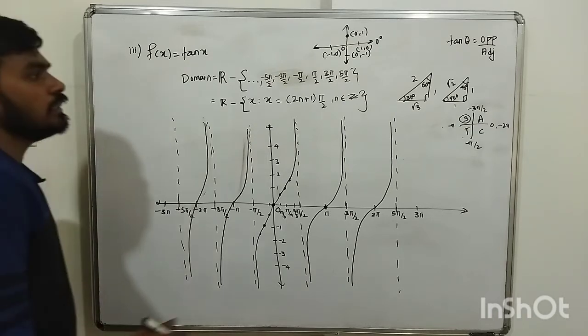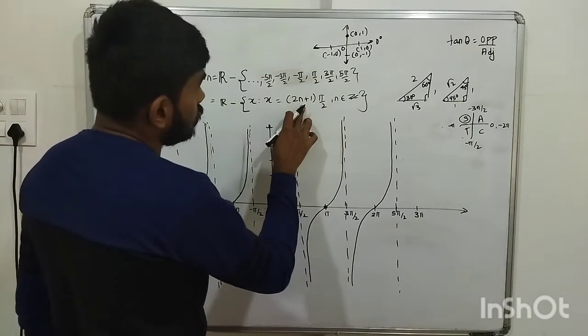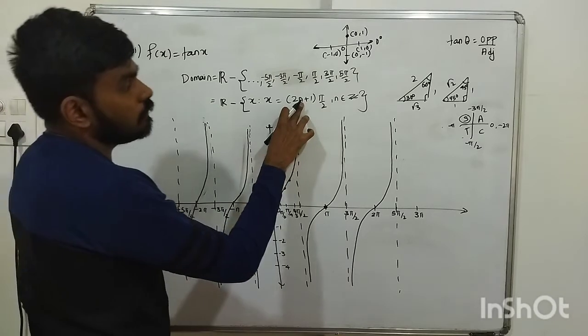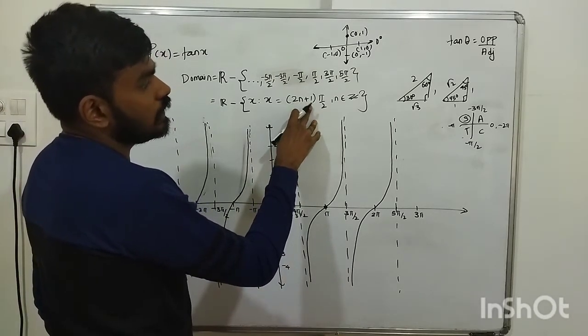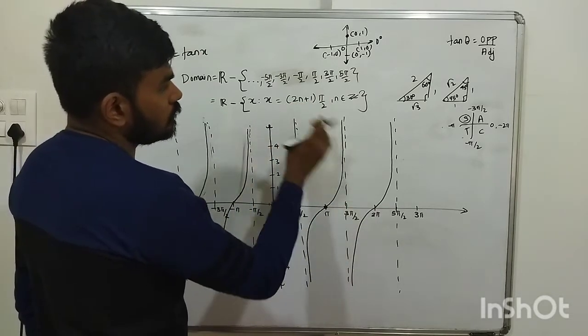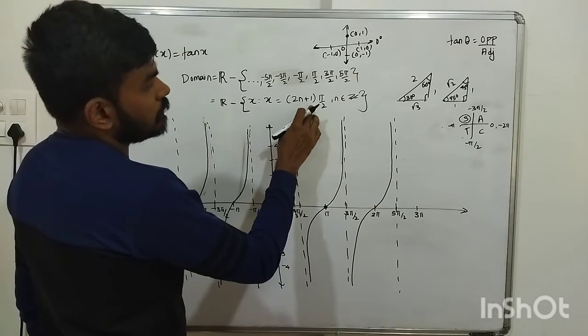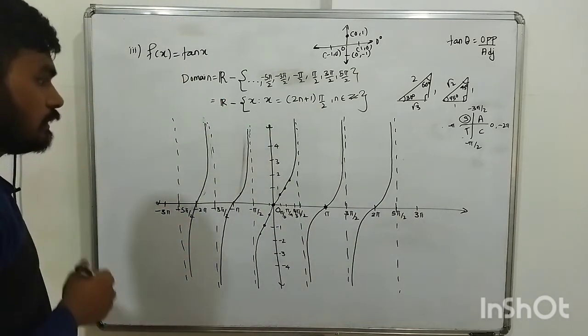So for any integer, if you substitute, for example 0, what will we get? Pi by 2. If you take 1, then 3 pi by 2: 2 into 1 plus 1 is 3 pi by 2. If you take 2, 2 into 2 is 4 plus 1, 5 pi by 2. 2 into 3, 6 plus 1, 7 pi by 2.